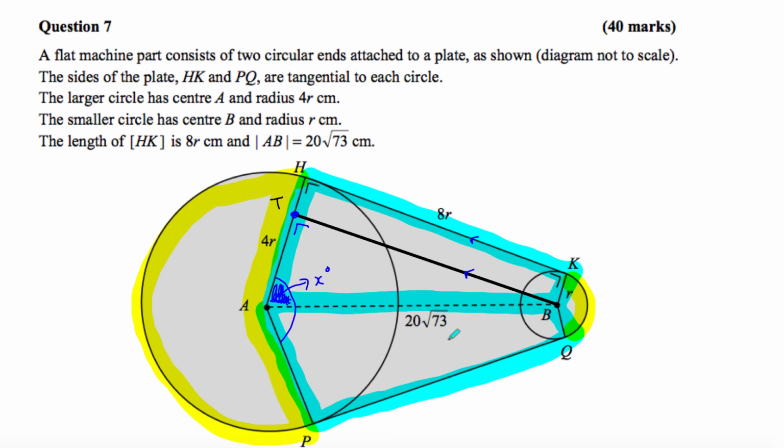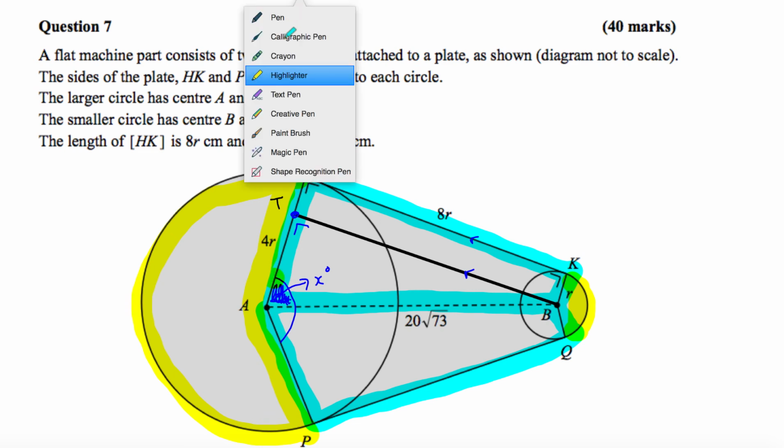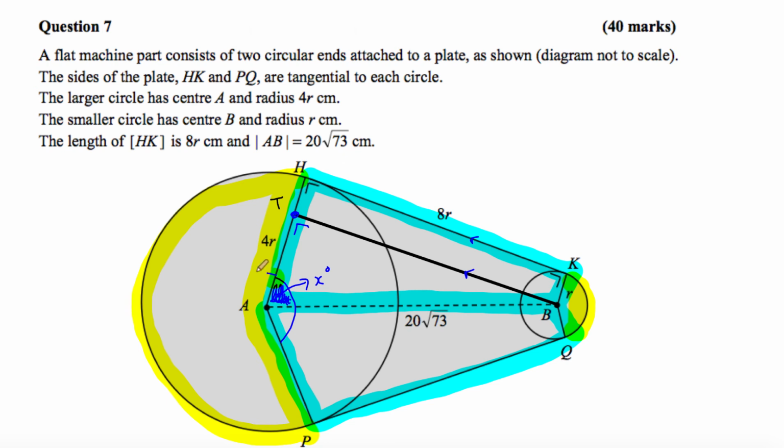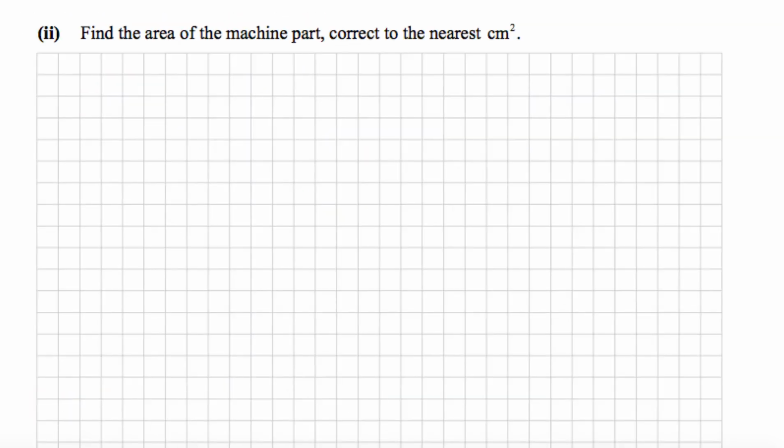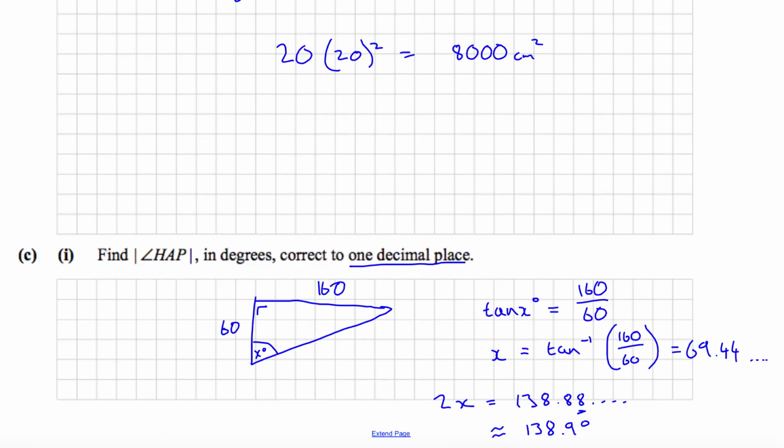So this sector and this sector down here. So 4 different sections. Remember, I know this angle in here now, HAP, so that means I'll be able to find this angle on the other side by subtracting HAP from 360. So let's do that first. HAP was 138.9.